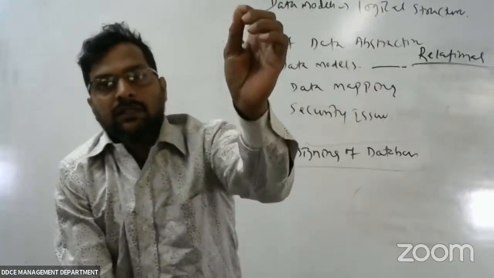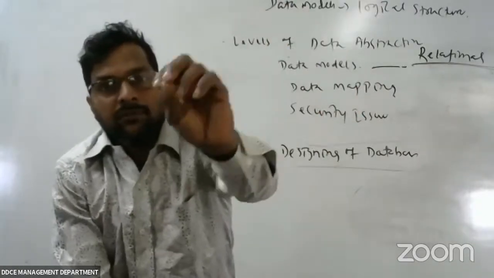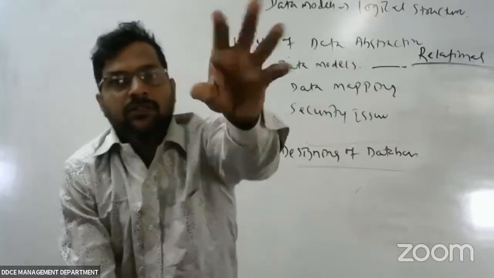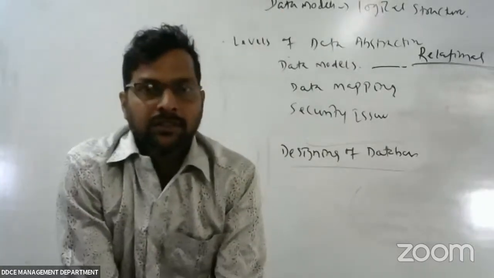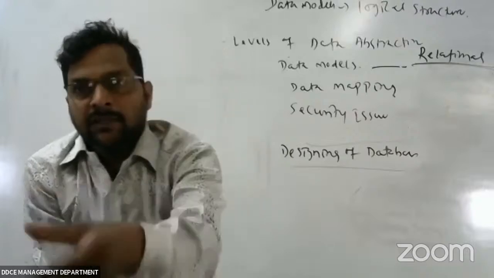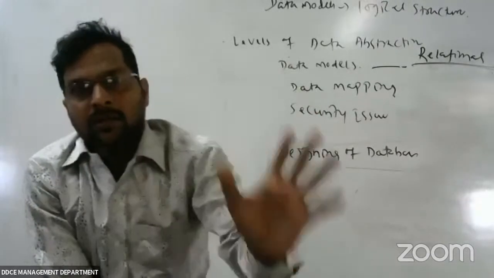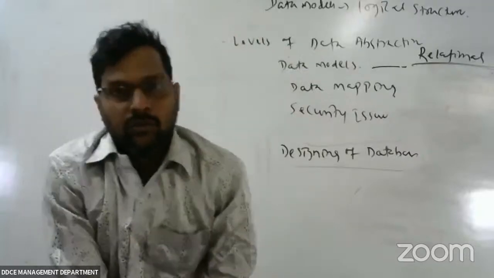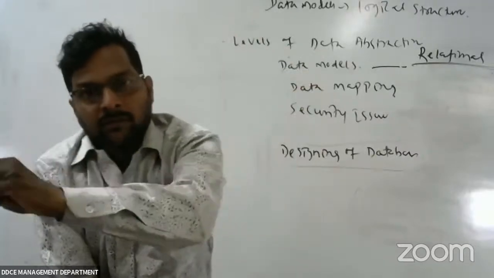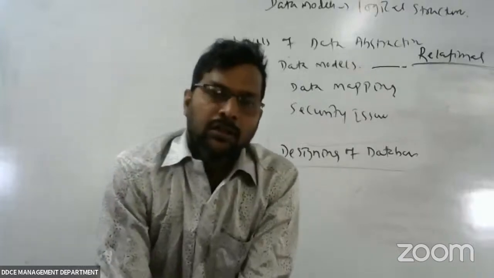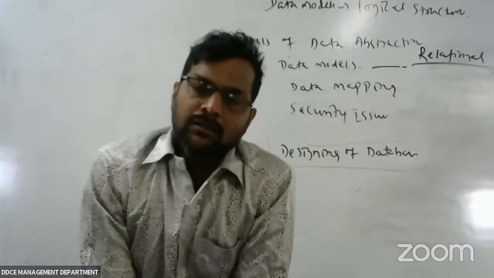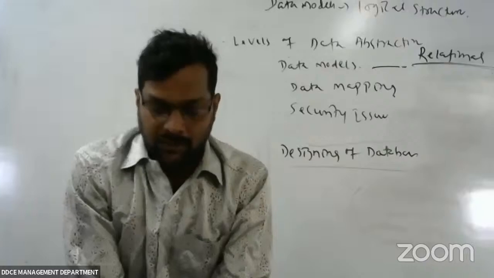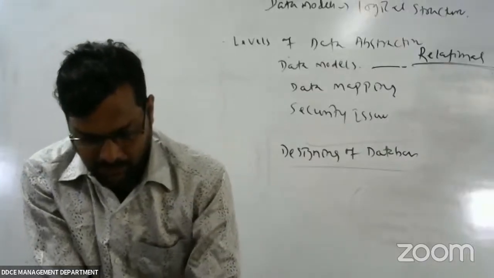Suppose we use the entity named student. Student is considered a relation here. The student has attributes, which are the columns, and the student has values, which are the rows. This is how data is stored.